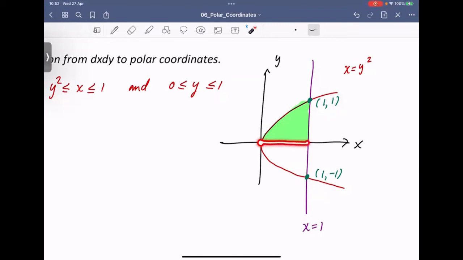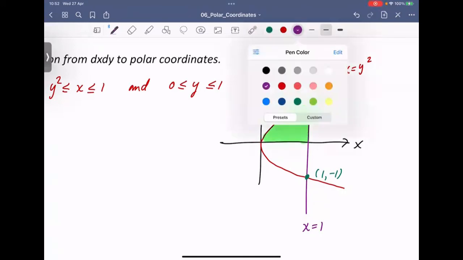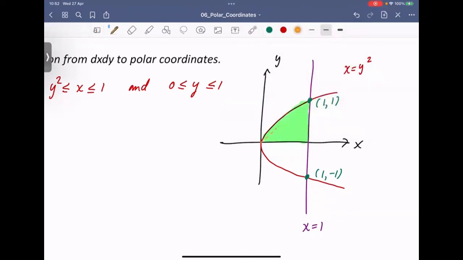The picture is going to be super small, but you can see that the pattern looks a little bit odd, because you're going to have one line here. I'm going to put the orange dashed line here. You're going to have one line here that splits the region of integration into 2 pieces.